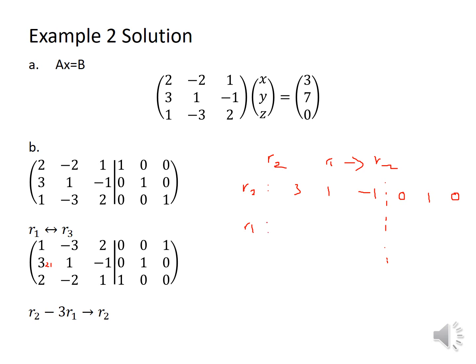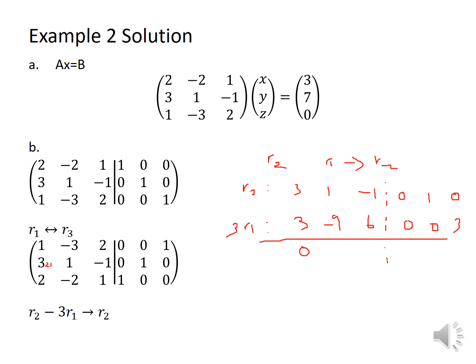So how to produce 0? The value here is 3, right? So I should multiply the whole R1, the first row, by 3. So 1 multiplied by 3 is 3, negative 3 becomes negative 9, and 2 becomes 6, 0, 0, 3.